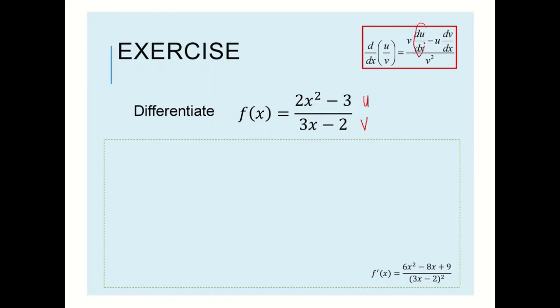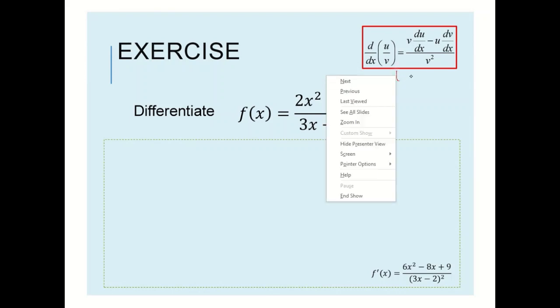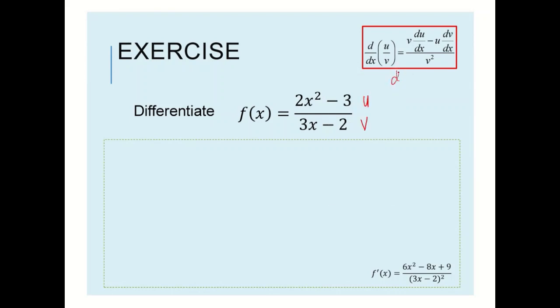Now divided by v squared. V is the lower function, so we have 3x minus 2 squared.